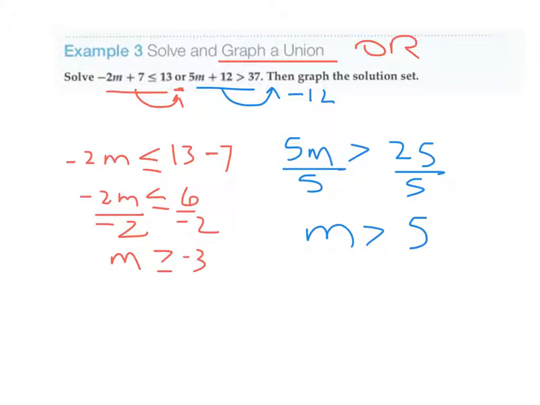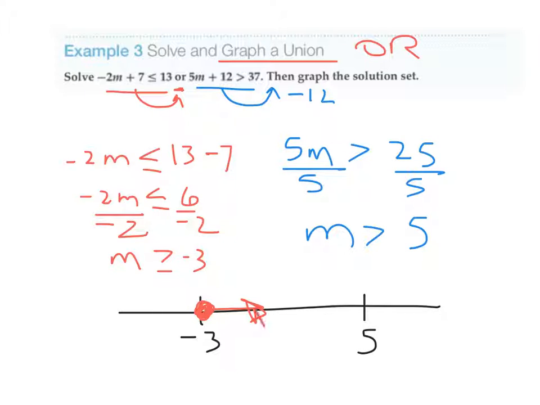Now I have two graphs to graph. So I'm going to graph each of these. So I'm going to go to a negative 3, and I'm going to go to a 5, and that's out here somewhere. So on red, I'm going to have a filled in circle. And because the letter's on the left, the arrow is going to go this direction because I want numbers bigger than negative 3.